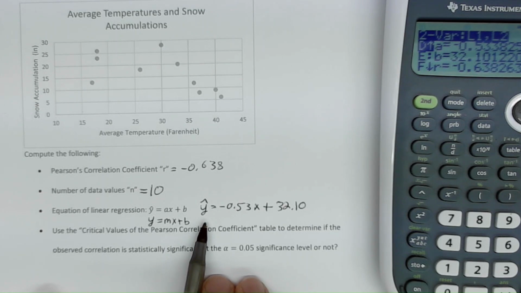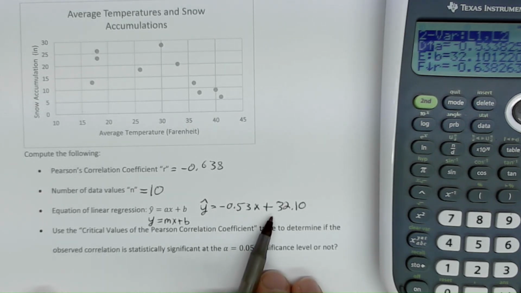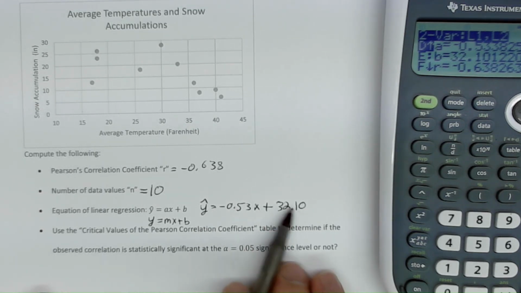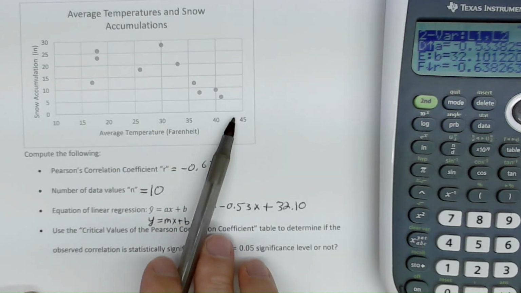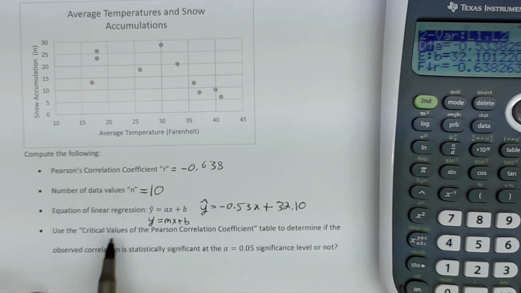Once you have this linear regression, you might wonder, should this be used to predict values based on our initial data? So the answer to that question is tied up in the answer to this 4th bullet point here. We would like to use the R value we computed and a table of critical values to determine if the correlation that we are observing is statistically significant or not.